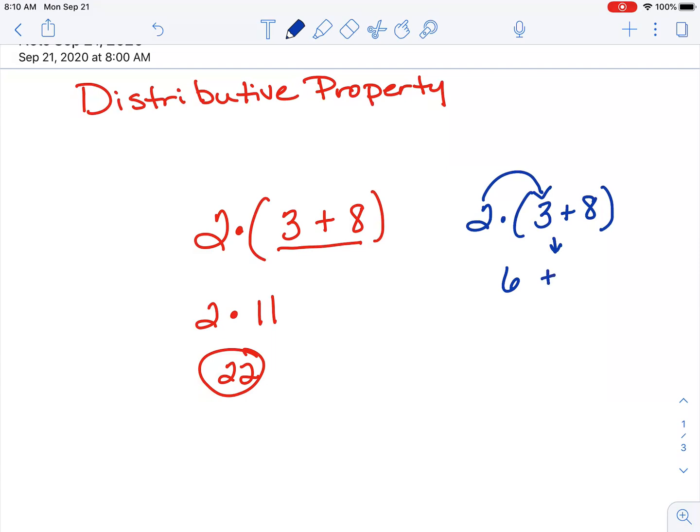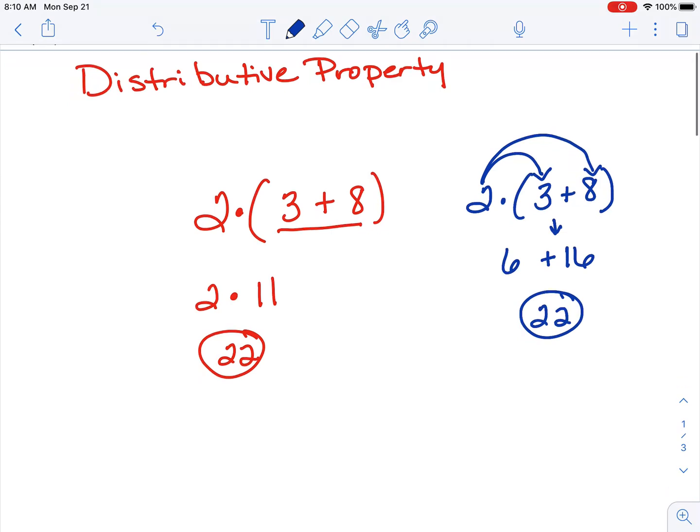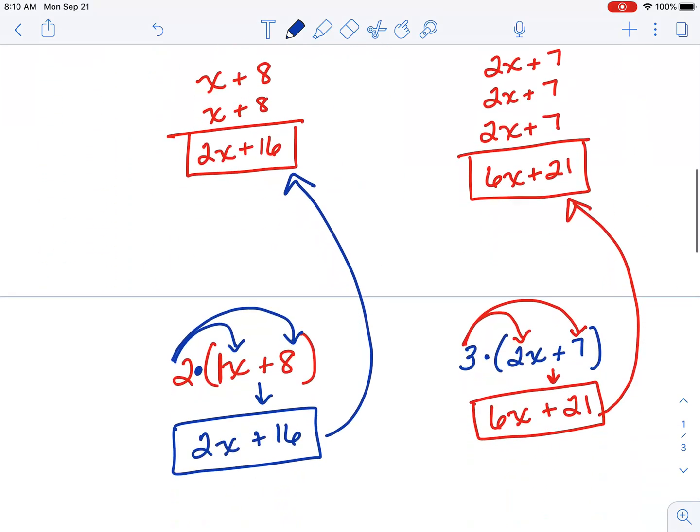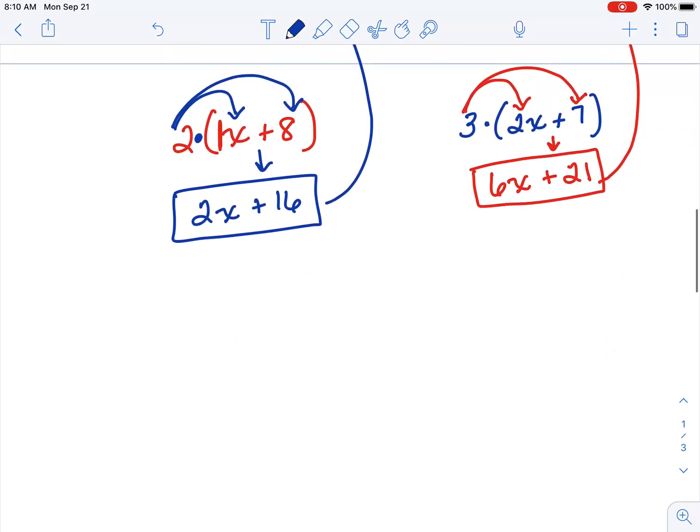Bring down the plus sign. 2 times 8 is 16. And 6 plus 16, voila, is 22. So yes, the distributive property works when you know all your numbers too, but it's definitely very helpful when you don't know the value of a certain number.